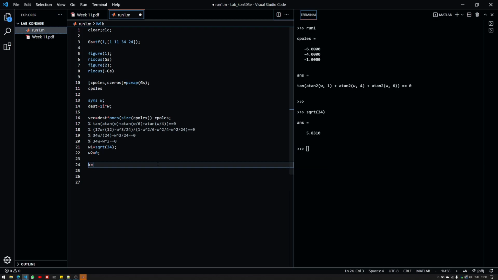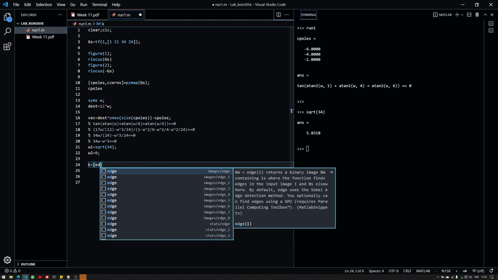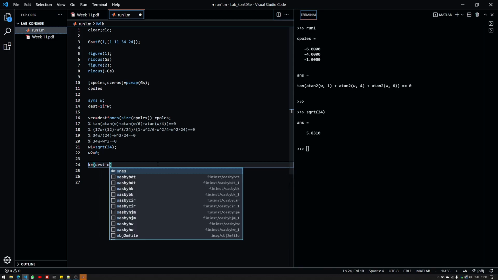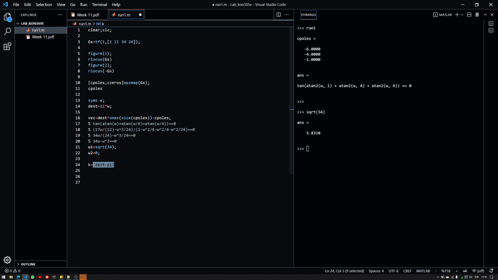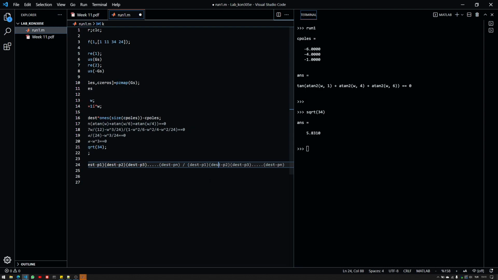We have k representing the p-type controller gain, and then we have the product of the destination point minus pole 1, destination point minus pole 2, pole 3, etc., divided by the same, let's say dest minus pn, the multiplication basically, divided by z1, z2, z3, all the zeros, let's say zm.